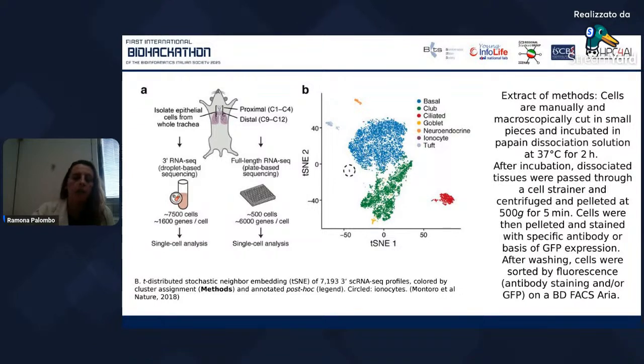And they were also able to identify a specific subpopulation that in the whole sample preparation is not so visible, not so easy to isolate. That is this one that is circled, the ionocytes. So they were able to identify these subtypes of cells in the whole tissue.